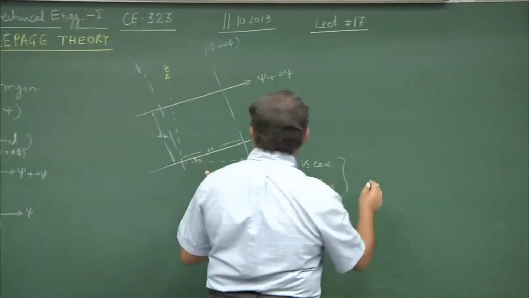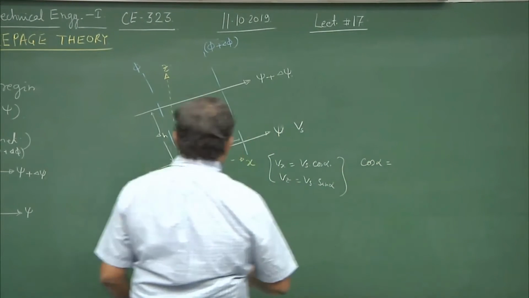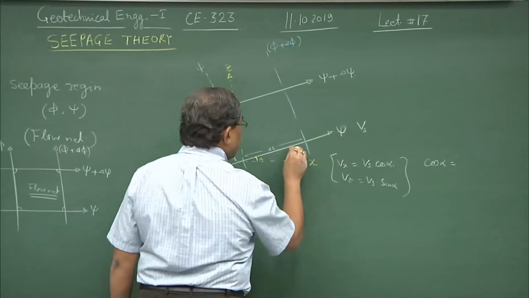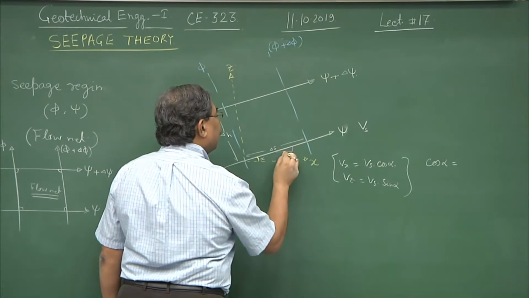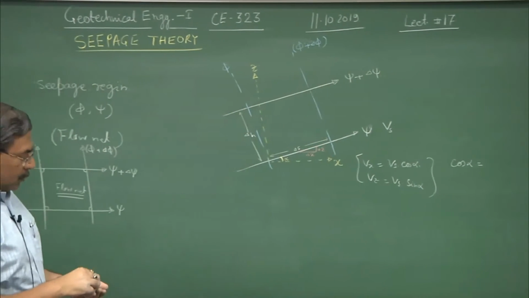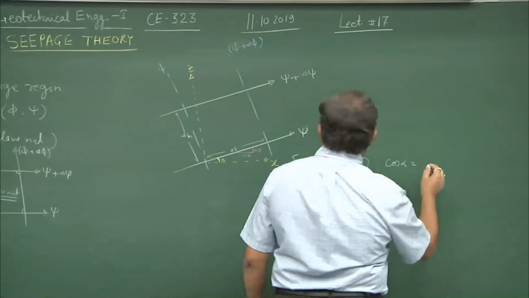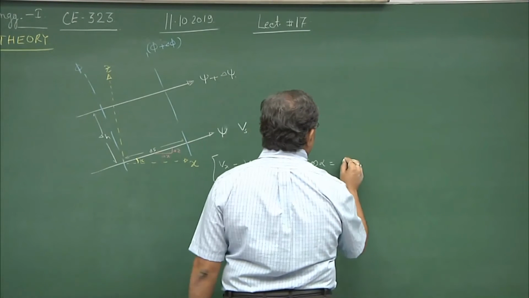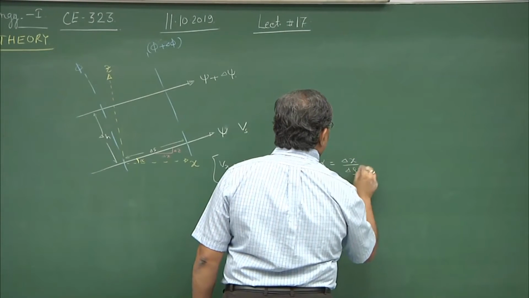I can also define the term cos alpha as, if I take the slope of this line and define this as delta x delta z, cos alpha will be equal to delta x upon delta s.